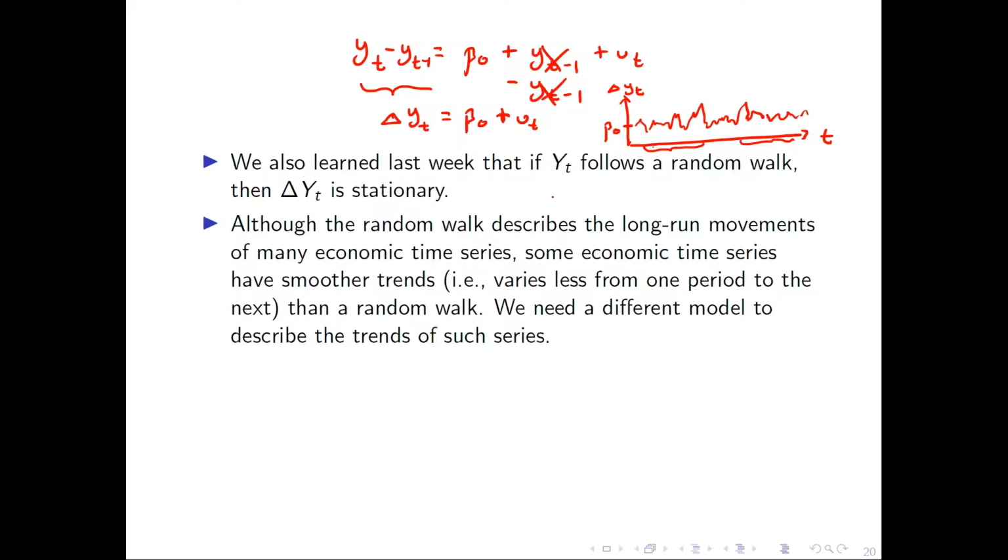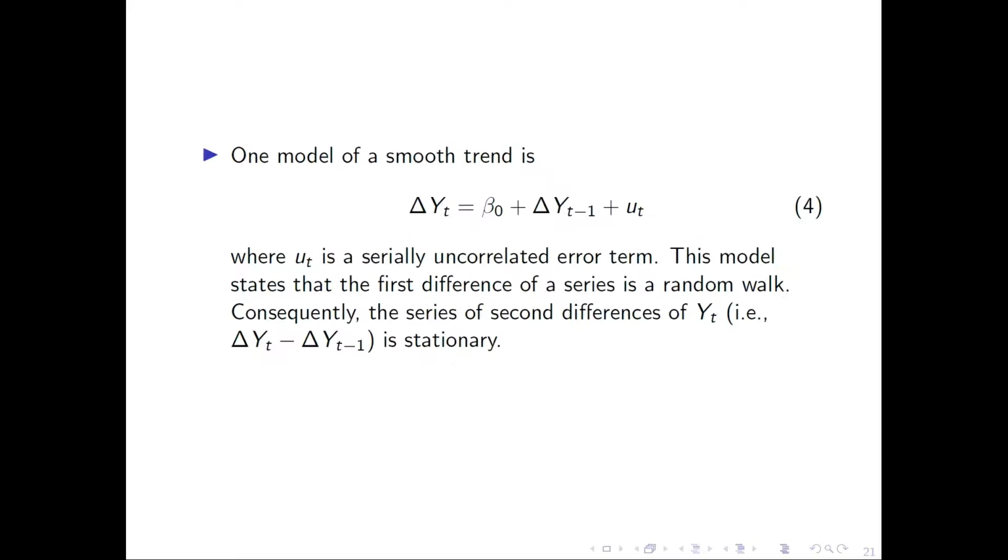But the random walk is quite useful for many time series in economics and finance, but some time series have really smooth trends, and if we were to describe them, we need a different model than the random walk. One model of such a smooth trend is a model where the difference in y is following a random walk.